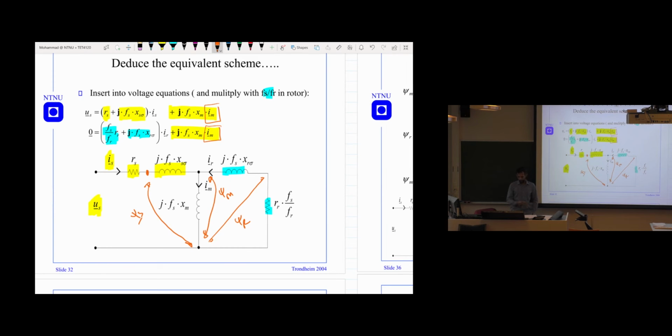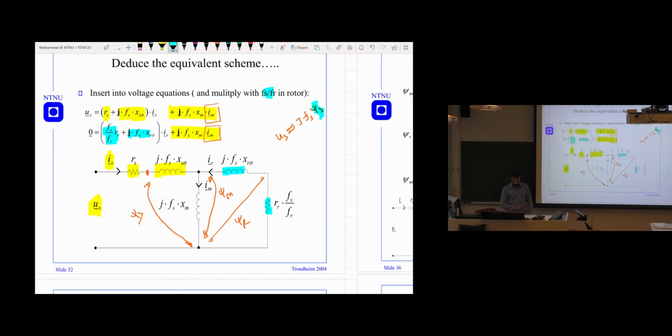The flux that we know is from US. If you neglect the resistor, then US you can write as j times omega S times CS. So if you know the voltage, then you know the flux at this point.